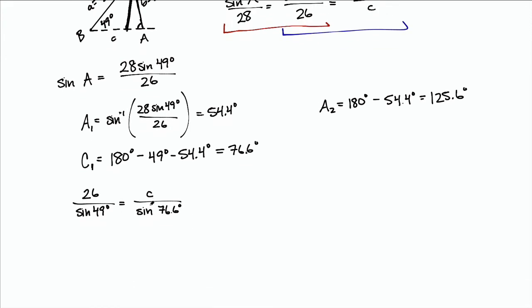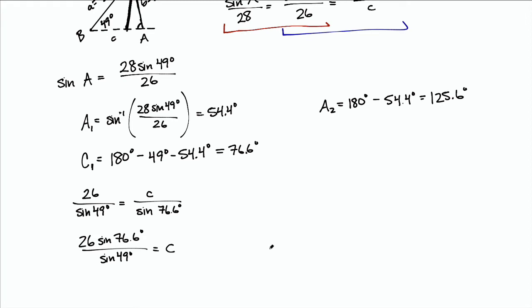And now to solve for C, we multiply both sides by that sine of 76.6. So 26 sine of 76.6 degrees over sine of 49 degrees is going to be equal to C.